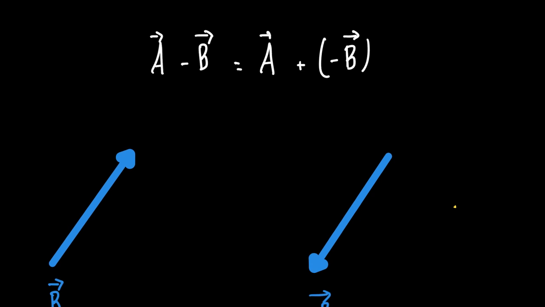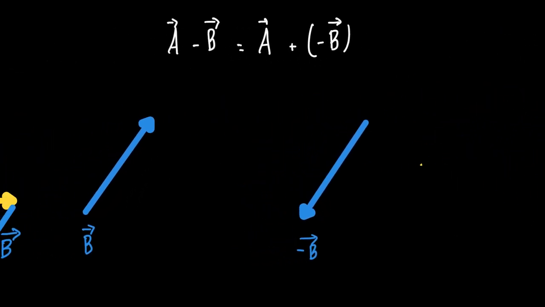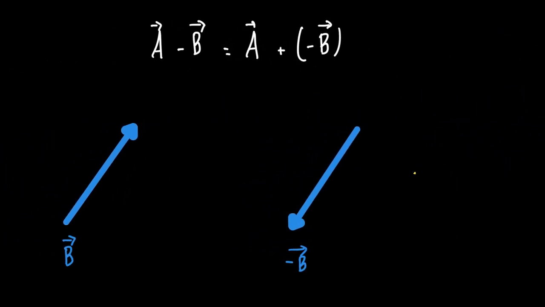Now, what would be vector A minus vector B? Vector A minus vector B is essentially equal to vector A plus minus B. Now, what is minus B?